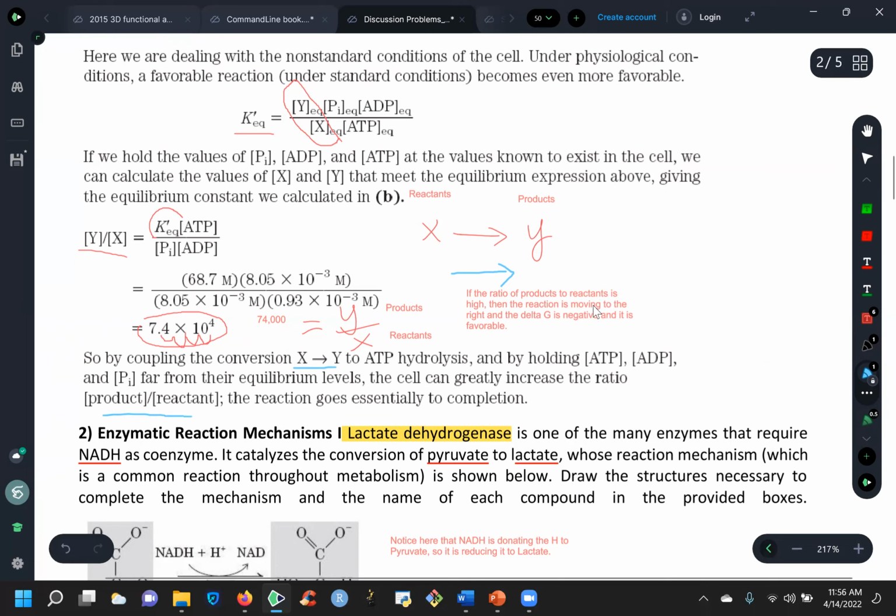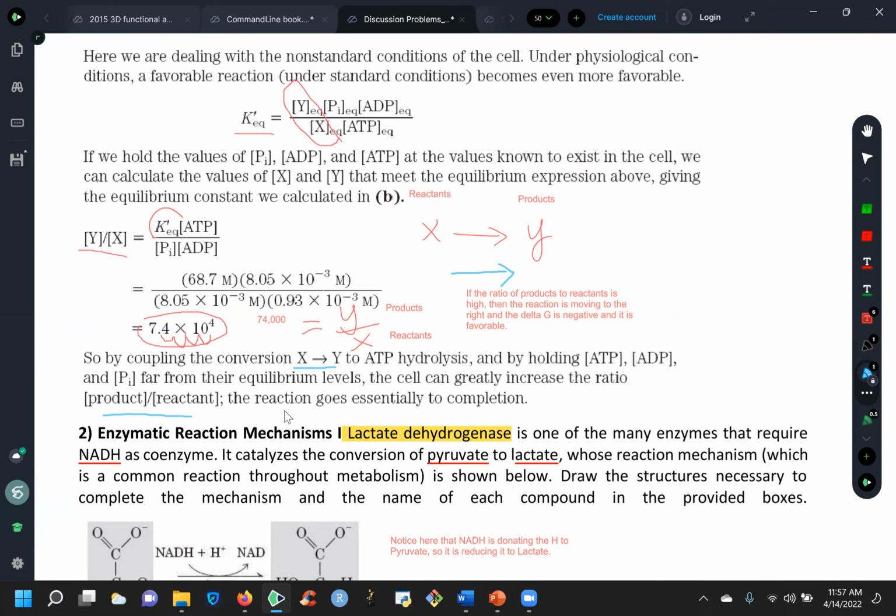We want to increase the ratio of the product to reactant, Y over X, because that will mean the reaction will keep happening to the right. I've seen this on several exams. This is usually a question that professors love to ask because it shows that you understood everything we've been talking about until now.